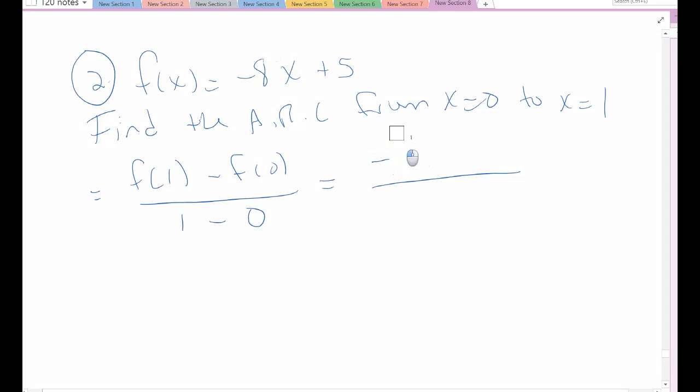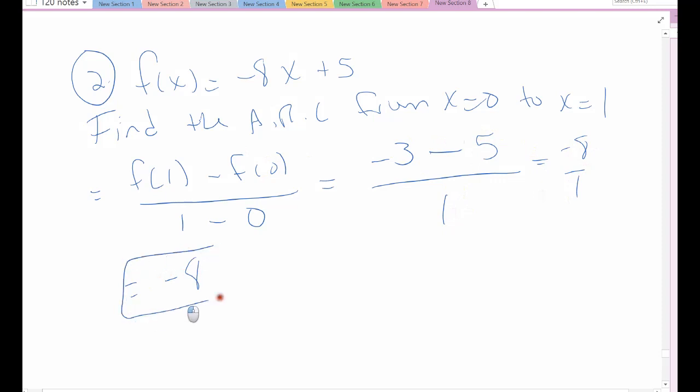Oops, not negative 4, negative 3. Minus, when I plug 0 in, the term goes away. I get a 5 out, so f of 0 is 5. All over 1, so negative 3 minus 5 is going to leave me with negative 8 over 1.